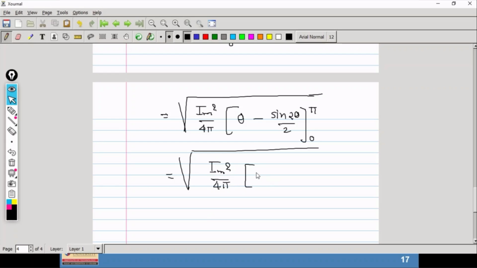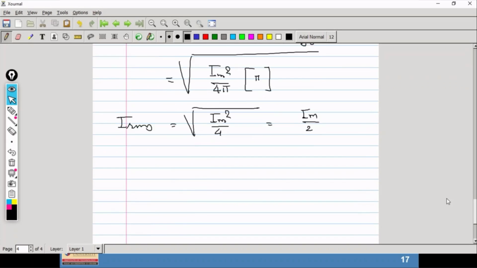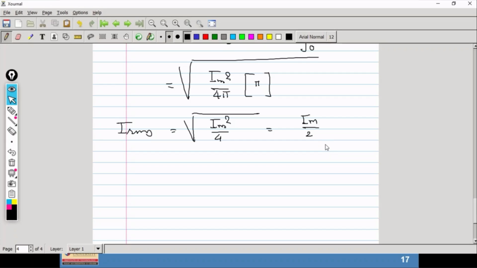Pi. Pi, correct. So here we will get Im square by 4, or we can say Im by 2. So IRMS for half wave, it is Im by 2. Fine. So this is for half wave.